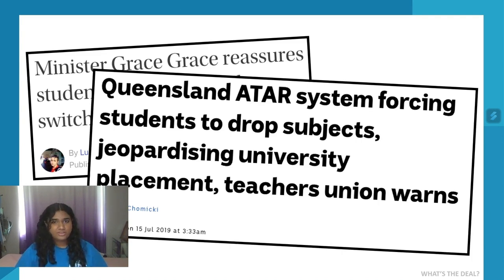In order to cope with the new system change, a lot of schools have introduced starting grade 11 or starting grade 12 earlier than the start of the year. So for me, I officially started Unit 3 or grade 12 work in the final term of grade 11. Some schools choose to take it back an entire semester, so you've just got more time to cover the syllabus.